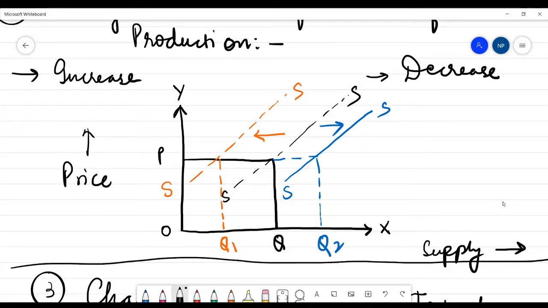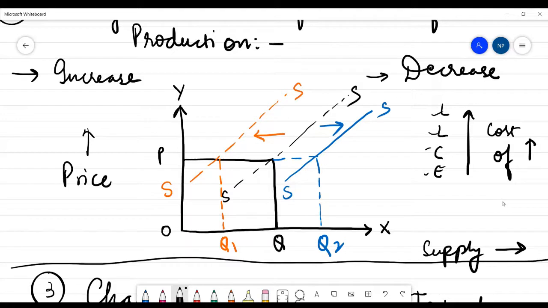So what will happen? A rise in price of factors of production increases the cost of production, isn't it? If land, labor, capital or entrepreneur prices increase, naturally the cost of production will also increase, and it reduces the profit margin. That means more and more of the profit is going into the payment of land, labor, capital and entrepreneur.